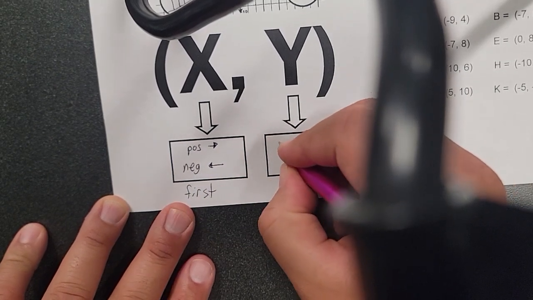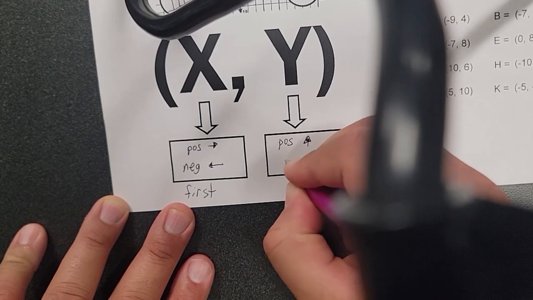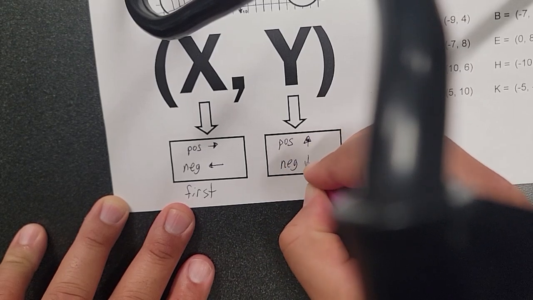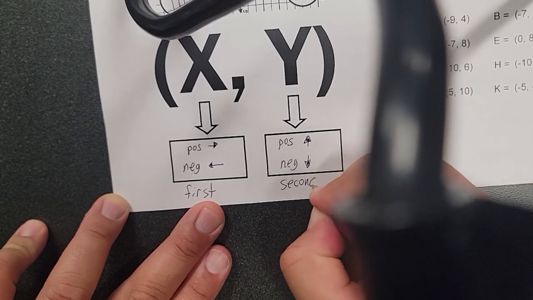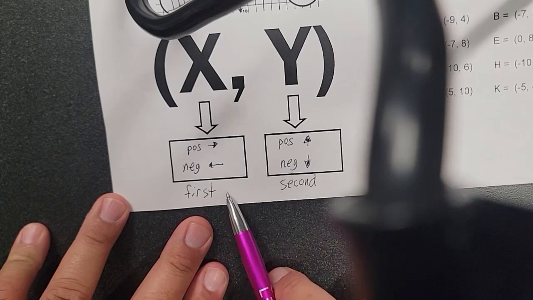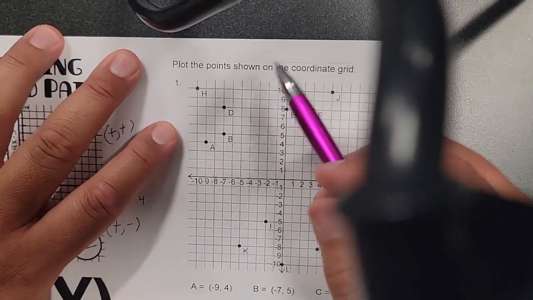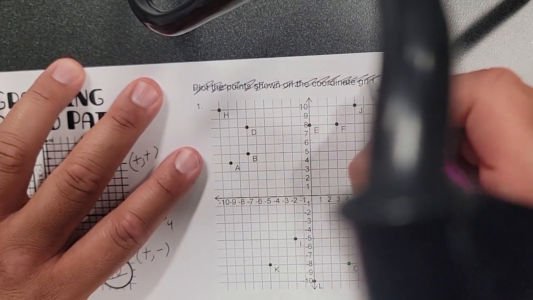Now over here, if it's positive, it goes up. If it is negative, it goes down. This is always second. So when you're doing your points, this goes first, and then this is second. So on this side here, we're not going to do this, just scratch this out.